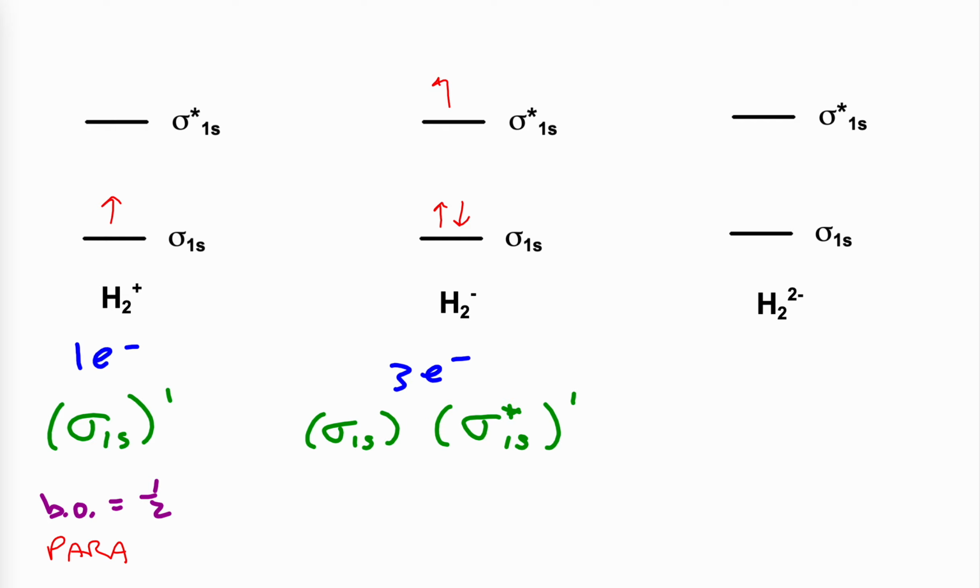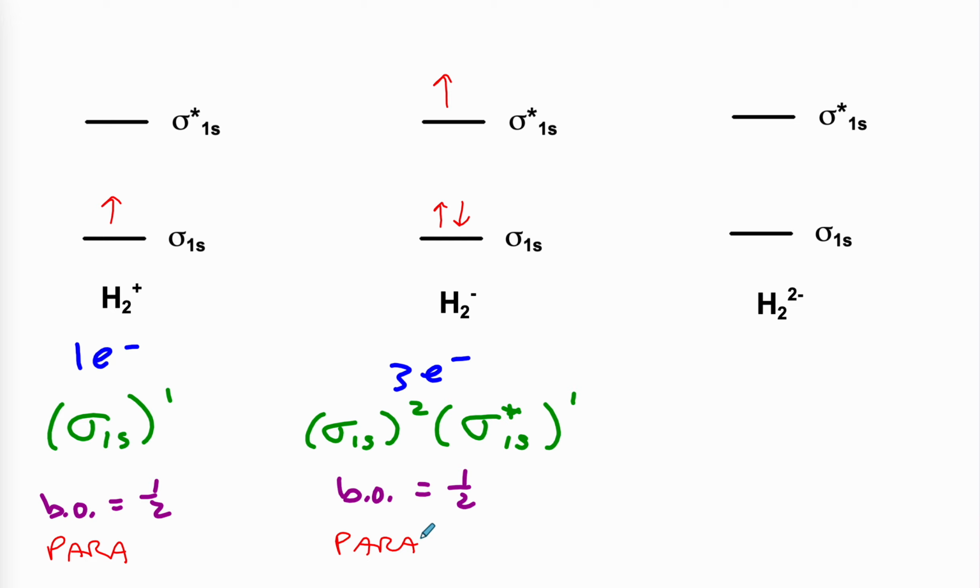That's a 2, by the way. And for this, the bond order would also be equal to 1/2 because we would subtract the 1 antibonding electron from the 2 bonding electrons and divide by 2, giving us a bond order of 1/2. That also has unpaired electrons, so we would say that that is also paramagnetic.